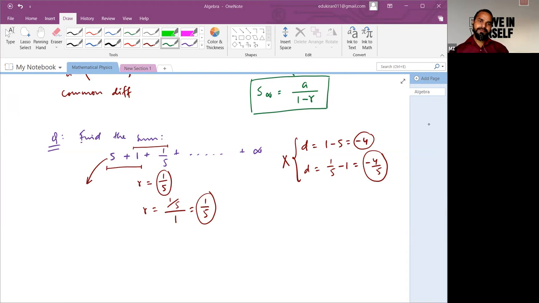Safan, check your calculation. We have A is equal to 5 and R is equal to 1 by 5. Sabita, have you solved? Yes, sir.